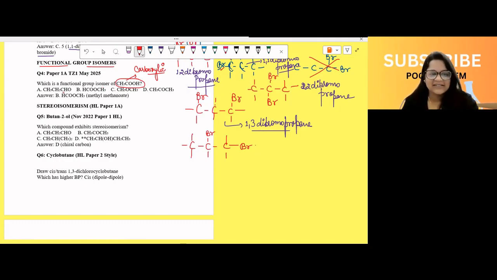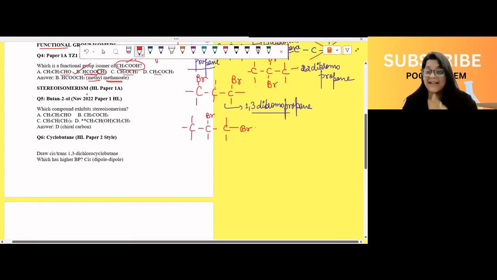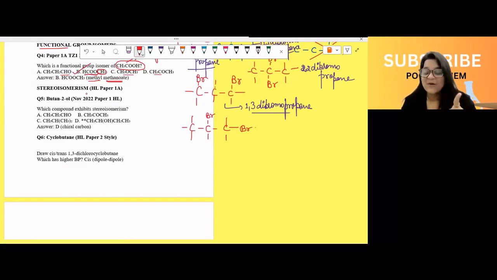Is this an ester? Yes, two oxygens. This ester? No. This ester? No. So the answer becomes B. Then this is CH3COH, so that's why the name comes methyl methanoate. Tell me in the chat box, aldehyde gets converted to what? And ketone was getting converted to what? And alcohol was getting converted to what?